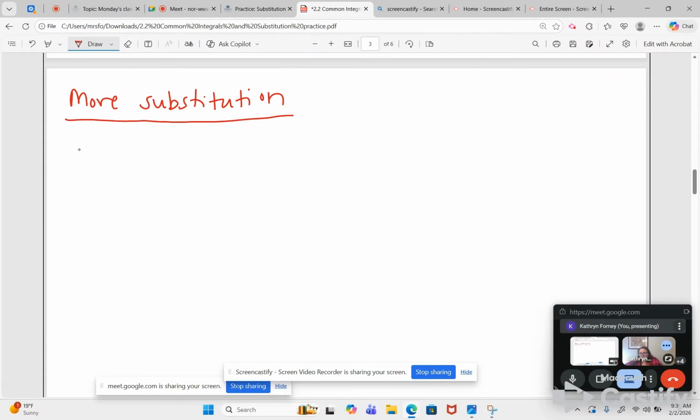All right, so looking at number 1, it had 4 times the square root of 5 plus 9t plus 12 times 5 plus 9t to the 7th dt. All right, so now when you're looking at this, there's a plus sign.